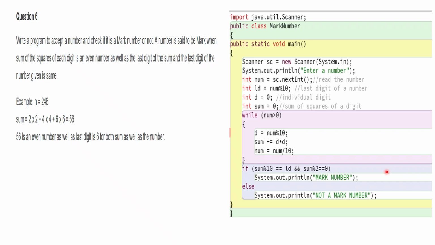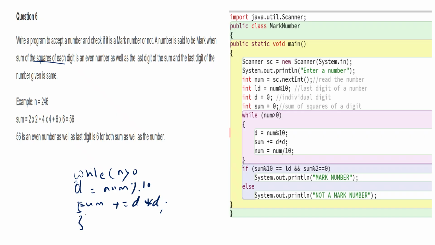See how many conditions are there. Now let me try to write it so that you will understand it better. Sum of squares of each digit, in a while loop: you will get each digit, num modulus 10, and the sum of the squares of those digits, so that is why you are doing d into d.